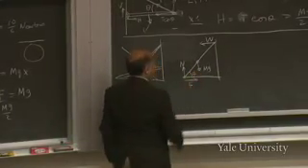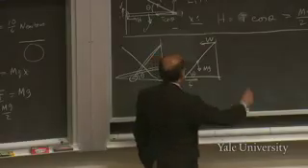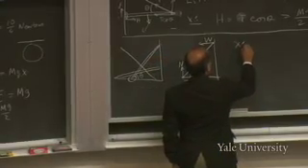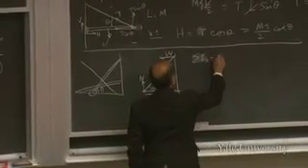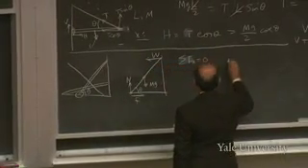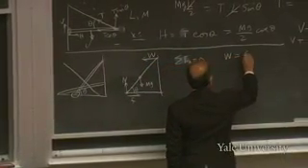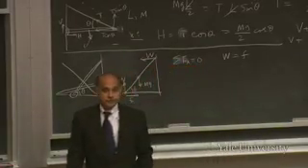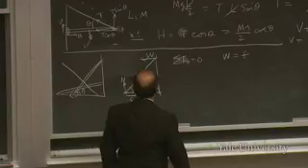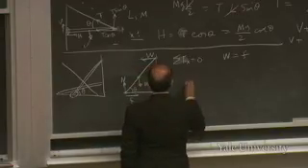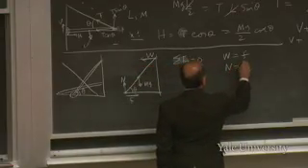This angle is theta here. For the x motion, sum of all the x forces is 0, which simply says W equals F. Sum of all the y forces tells me N equals mg.